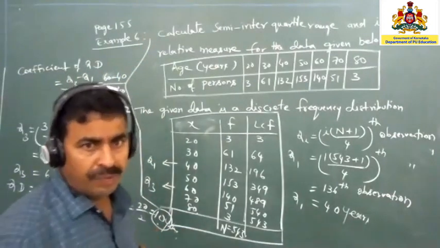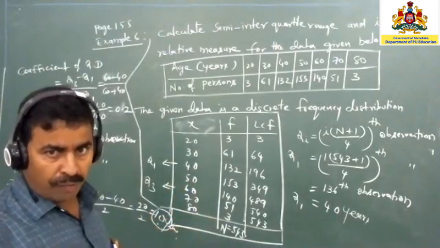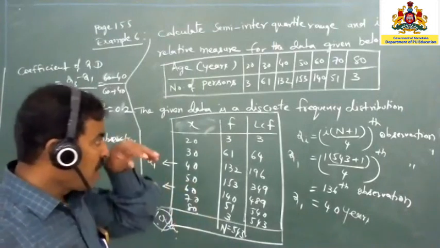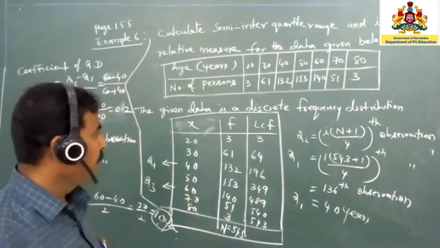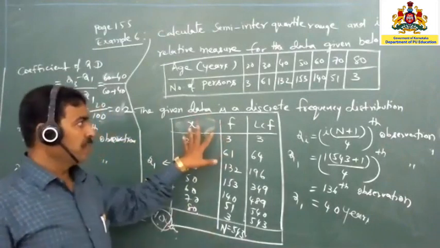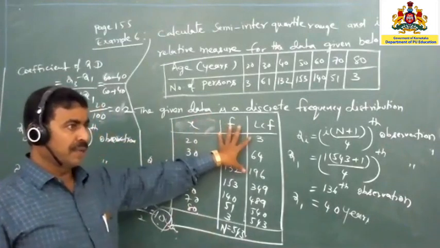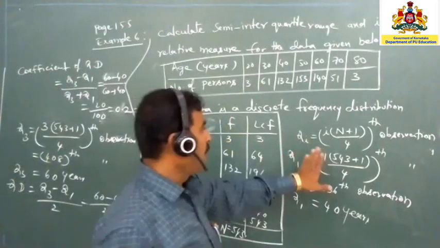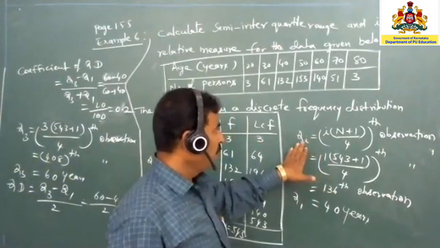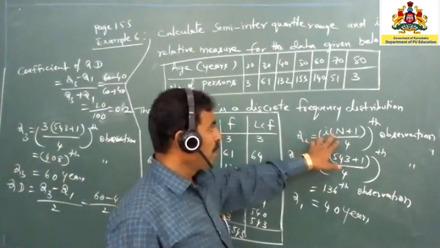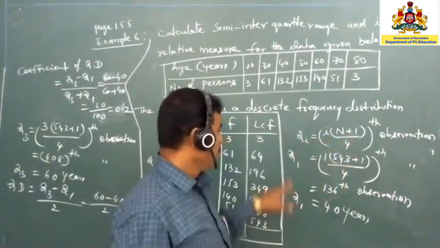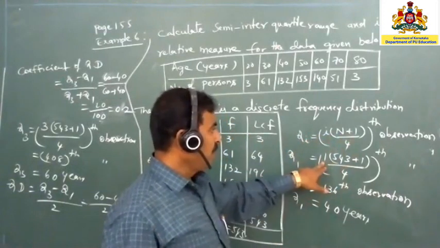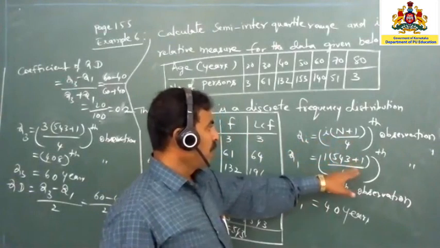So if the data is discrete data, first you should find the quartiles based on the discrete data procedure: x values, f values, LCF values. Then use the general formula for computing quartiles, Qi equals i into (n plus 1) by 4th observation. Q1 equals 1 into (543 plus 1) by 4.